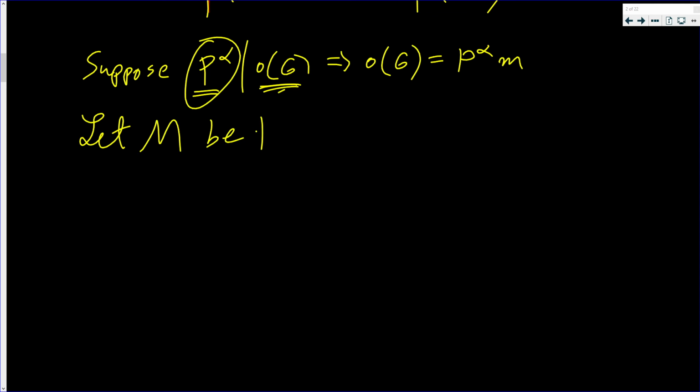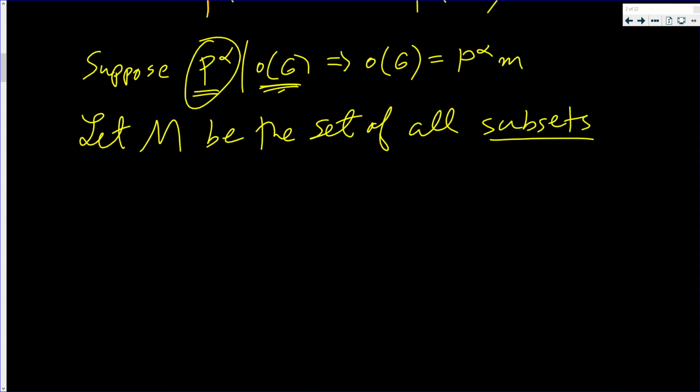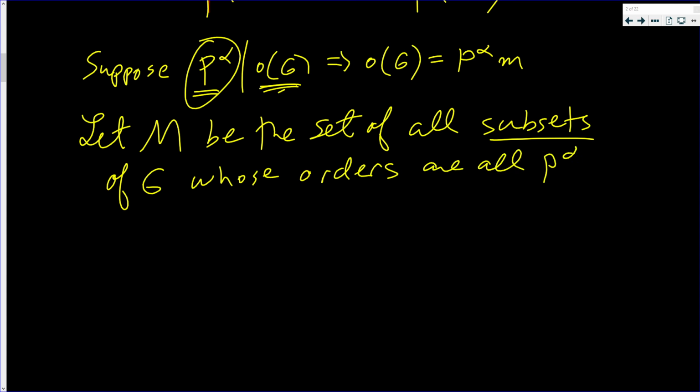Let script M be the set of all subsets of G, notice I did not say subgroups, whose orders are all p to the alpha. And we hope that one of these subsets of order p to the alpha is a subgroup. If I find a subgroup of order p to the alpha, I'm done.